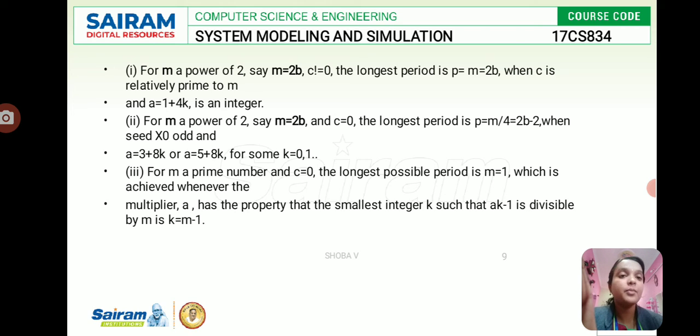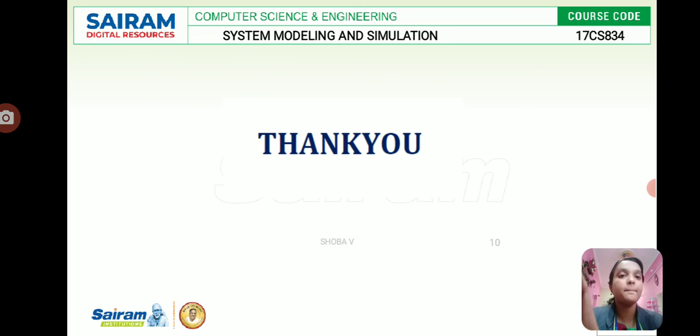For m a power of 2^b with c equal to 0, the longest period is 2^(b-2), where x0 is odd. For m a prime number and c equal to 0, the longest period is m minus 1, which is achieved whenever the multiplier has the property that the smallest integer k such that a^k minus 1 is divisible by m is m minus 1. So, thank you.